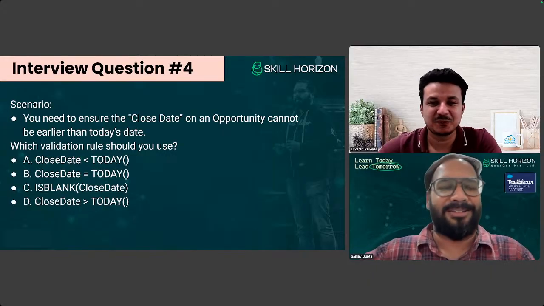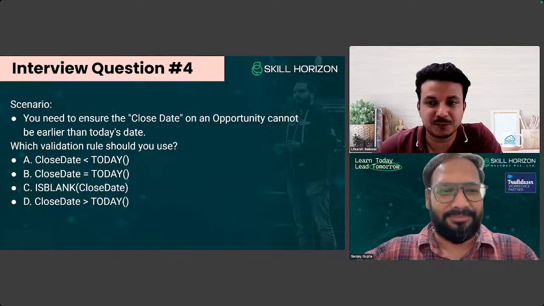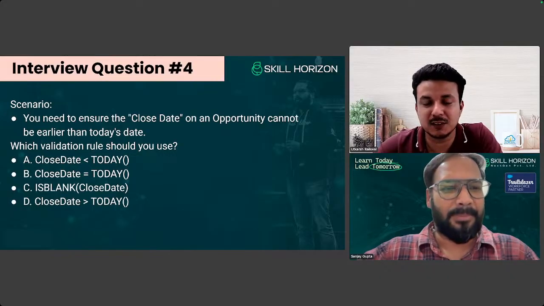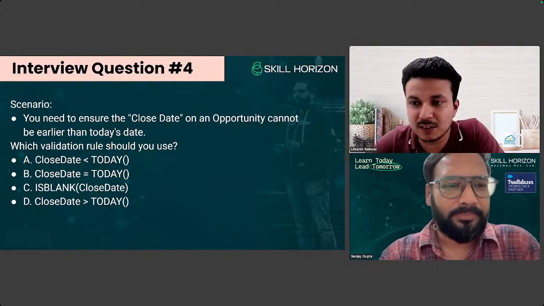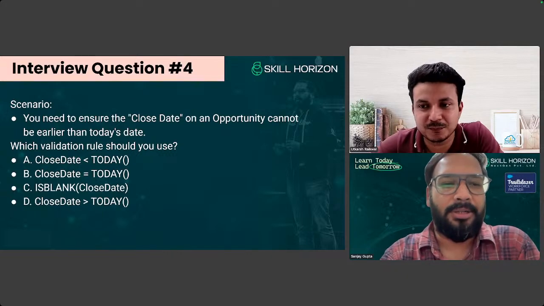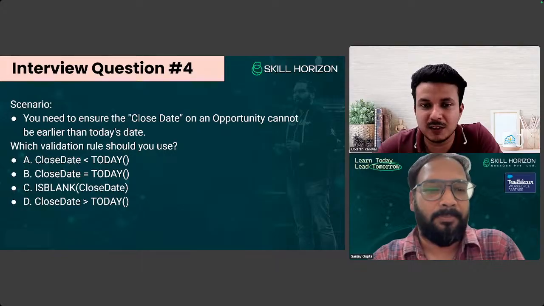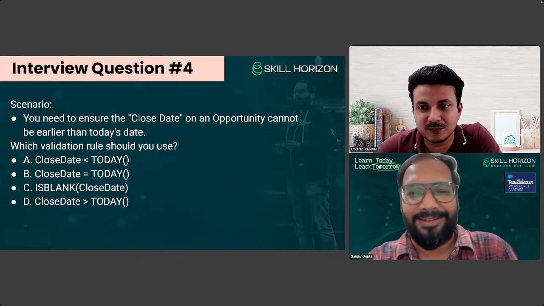So what's your answer? So sir, the correct answer is option number A, because it will prevent the user from entering previous dates as close dates. Okay, so you need to ensure the close date of an opportunity cannot be earlier than today. I think many of you didn't read this carefully.